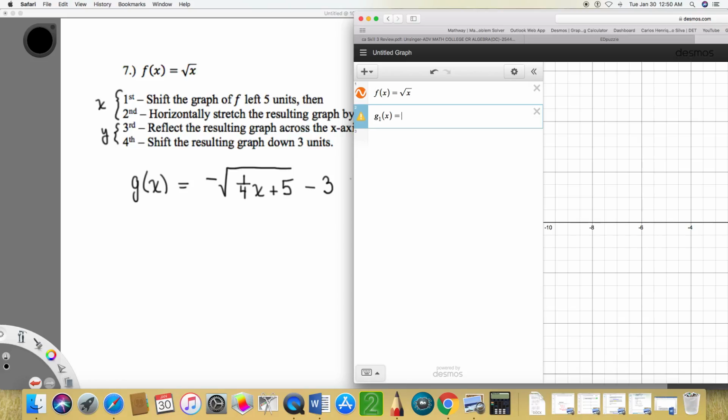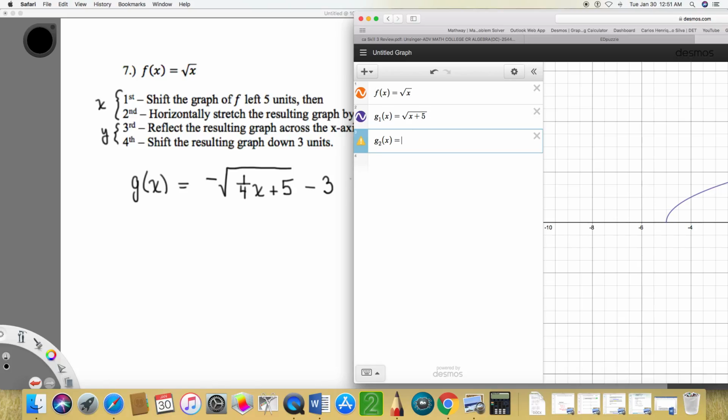There's our parent function. Now, our first transformation was a horizontal shift to the left. That was x plus 5. And our second transformation affected the result of our first transformation. That was a horizontal stretch. So I've got 1/4.